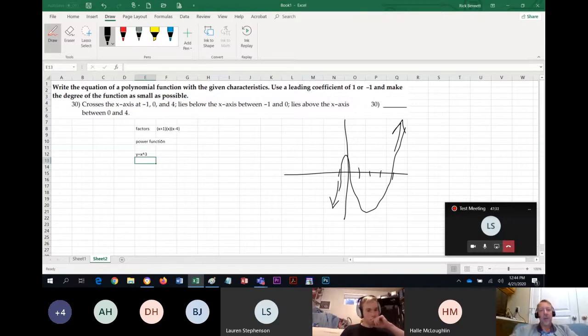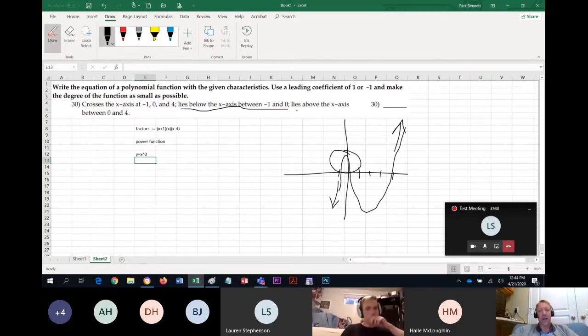Now, it says it has to lie below the x-axis between -1 and 0. Is this below the x-axis? No. Okay. So that tells me I need to throw a negative on here in front, because that will create a mirror image.